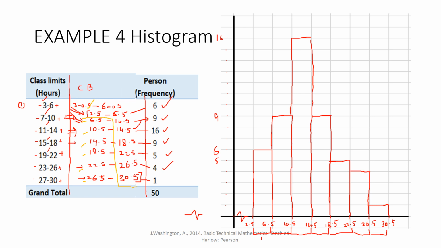We call it a histogram. So this line is the class boundary and this line is for frequency. Okay, so very easy thing.